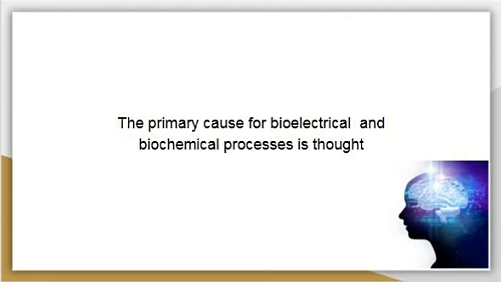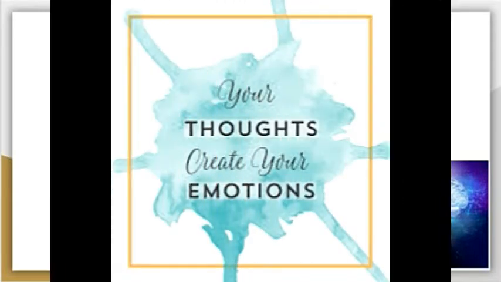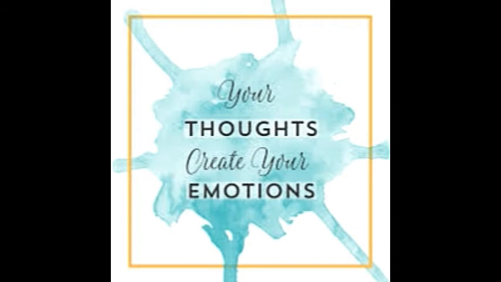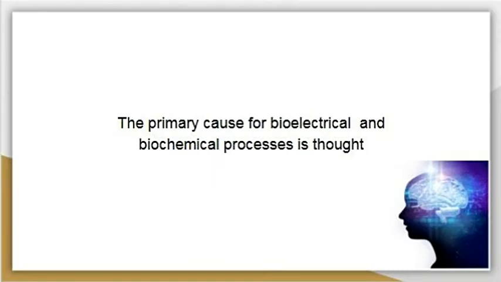And what that means is the quality of my thinking determines which biochemicals, hormones, neurotransmitters are produced by the brain and released by the brain in various parts of the body. And those particular chemicals will have a direct impact on the bioelectrical processes in the body. And as I intimated earlier on, a shortage or oversupply of certain chemicals can have that impact.